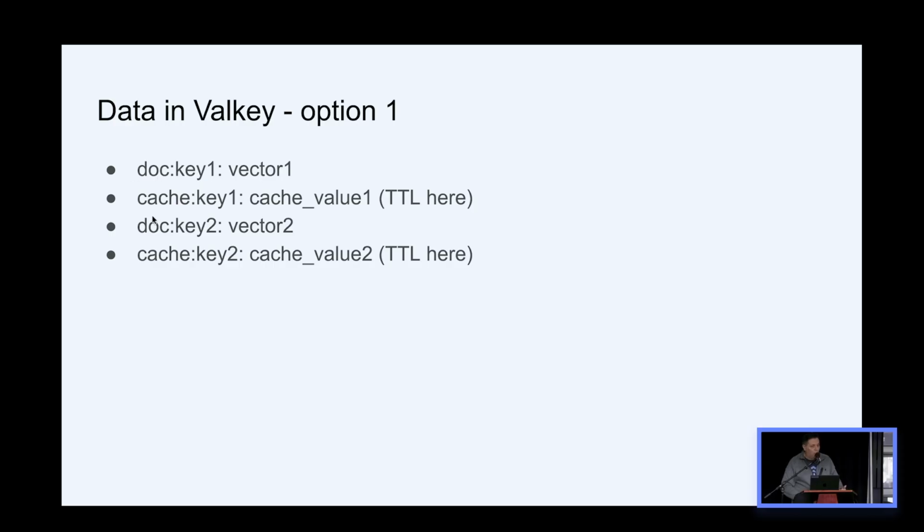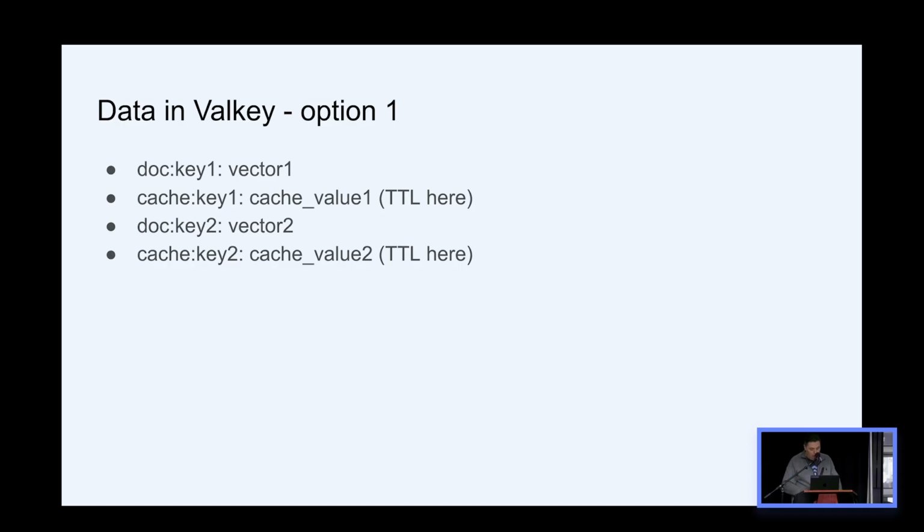So it'll actually avoid indexing keys with prefix cache. And then you'll have different keys for the vector and the cache. And you can specify TTLs individually on cache, but leave vectors around behind. Not sure you want to do that, to be honest. Because, as I said, a vector without a corresponding cache, what are you going to do with it? Because what you're really trying to do is save on that LLM call, or save as many of those calls as possible.